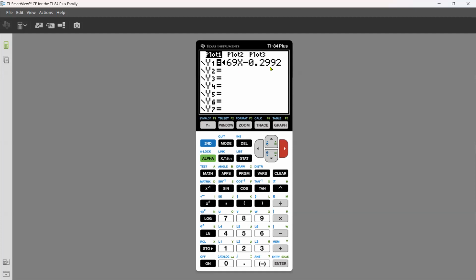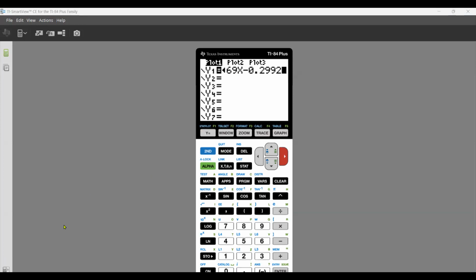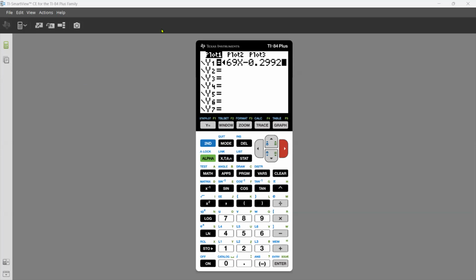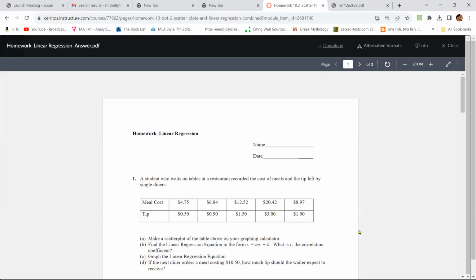So let's follow along with what the actual homework tells us. Here, the homework says, make a scatter plot of the table. We did that. Find the linear regression equation in the form y equals mx plus b. What is R, the correlation coefficient? So you're going to state what R is as part of your regression equation.